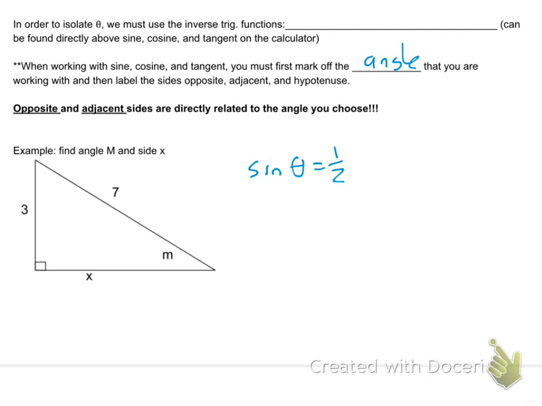So now that we're all in the right mode, I hope, we can move on to solving for theta. Now, sine itself is a function, and so we know how to get rid of functions. If this would have been something like x squared or a square root or multiplied by 2, you guys would be like, oh, divide by 2, take the square root, square it to cancel things out. Do the inverse. Well, the thing is, I cannot divide by sine. You can't just divide by sine to cancel it.